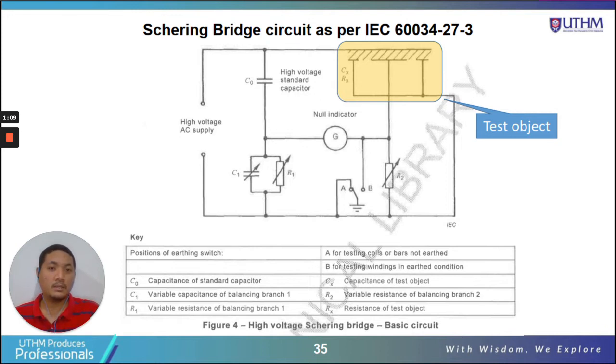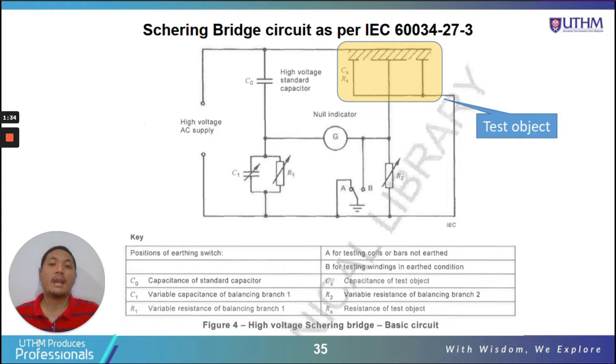test object. So the bridge has 4 arms: arm number 1, arm number 2, arm number 3, and arm number 4, and it has a null indicator in the middle. The function of the null indicator is to indicate whether the bridge is in balance condition or not.